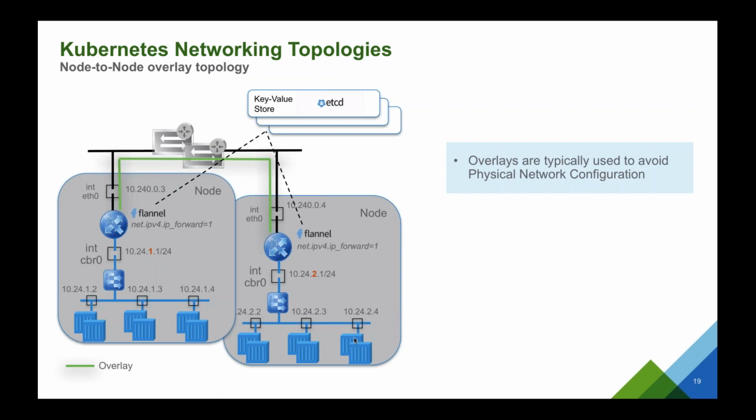The problem with it is there are multiple problems with that. First of all, you need to somehow get in and out of those overlays. And to get out, you basically have to use SourceNAT, and you use the source IP of the node itself as the source IP of the traffic from the pods.